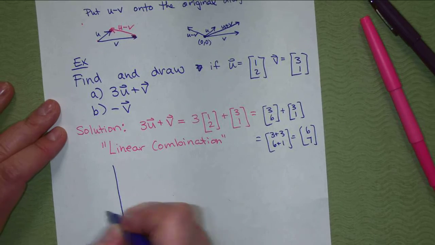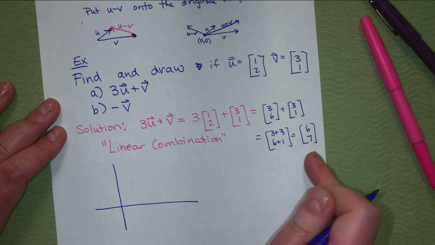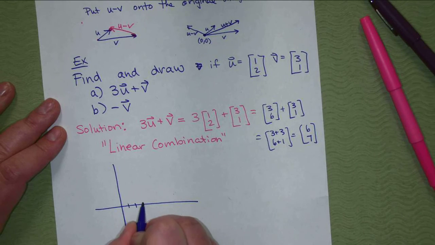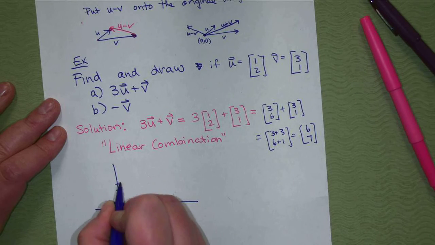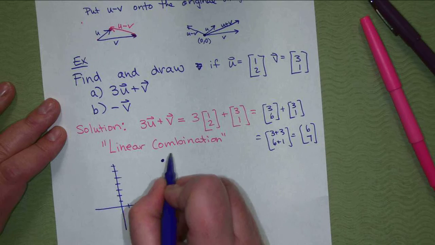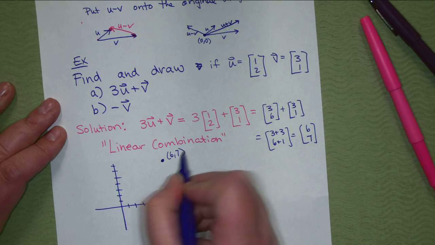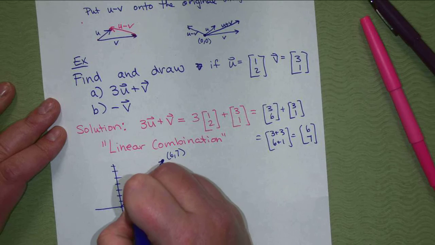But where is the answer? I need to go 6, 7 is the biggest. So 1, 2, 3, 4, 5, 6, 7. So (6, 7). This is the vector 3u plus v.